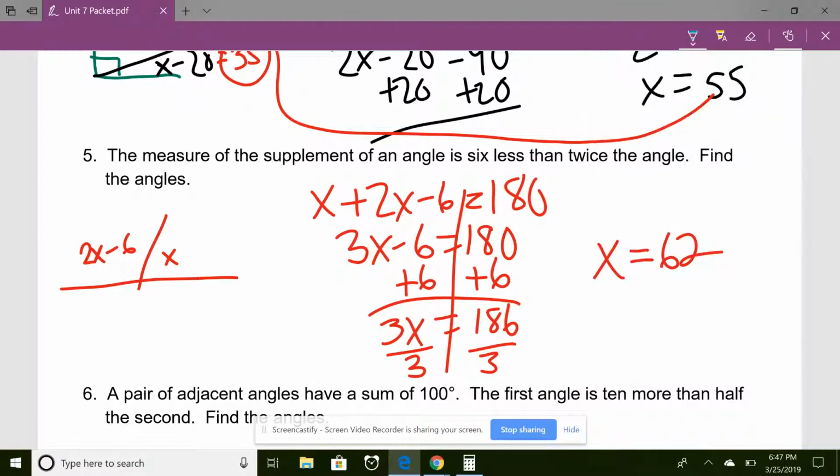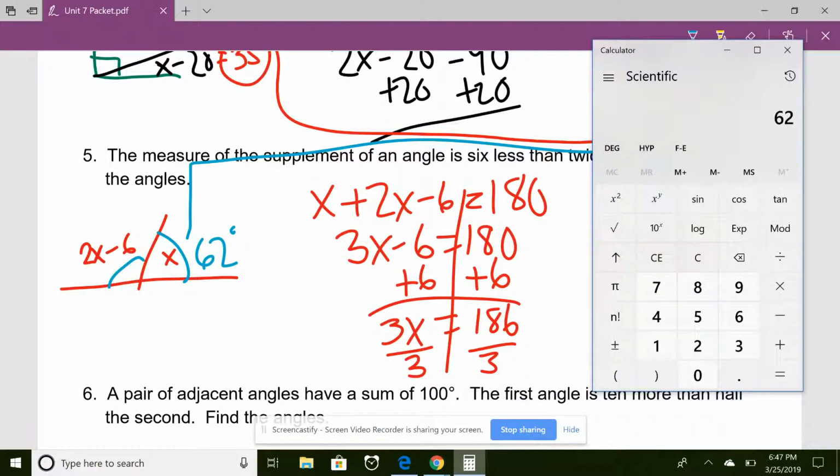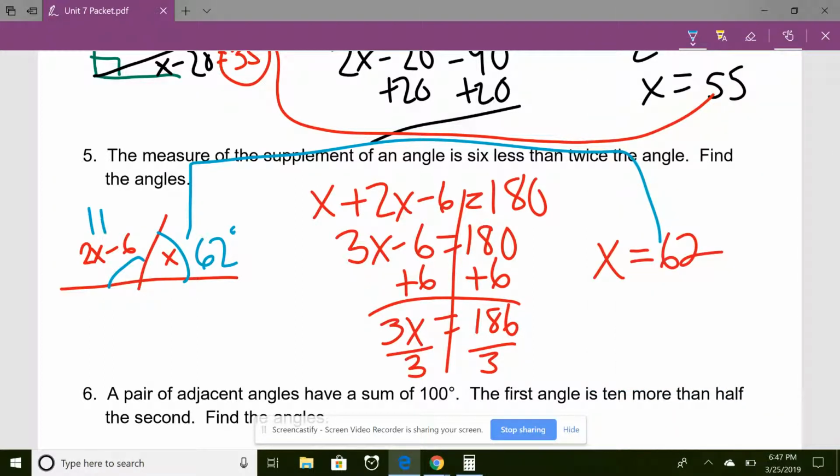Plug it in. So this is going to be 62 degrees. Luckily, I drew it to scale. And this angle right here is going to be 2 times 62 minus 6, which is 118. And this angle right here, we know is 180 degrees, and 118 plus 62 add up to 180 degrees.